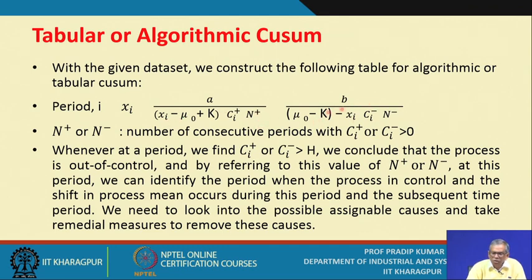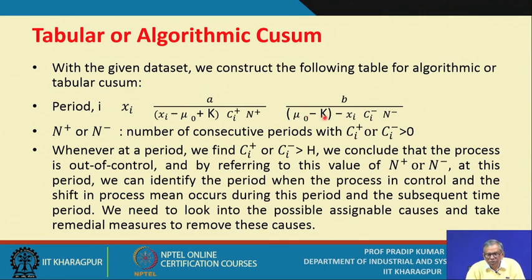And similarly, when you need to compute Ci minus, the mu0 is known. That means it is the negative deviation, and the negative deviation is converted into a positive one. So xi is less than mu0. You subtract k, suppose this is 0.5 and this is say 10.